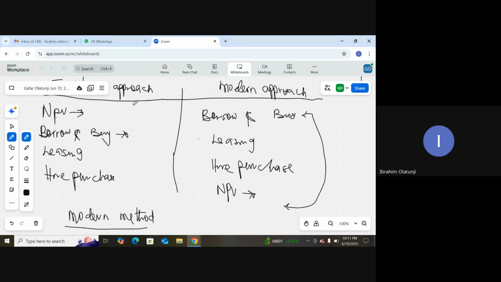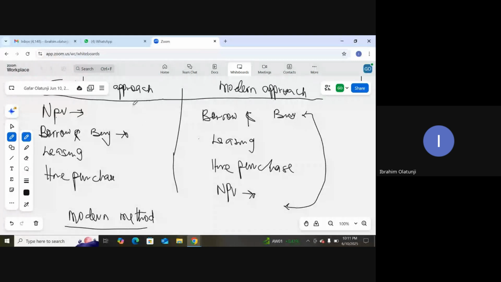Then you have capital allowance. After you remove your capital allowance, then you have your taxable profit. Then you can get your tax on that taxable profit. Then you also need what is called scrap value. So after that, you can get your NPV.